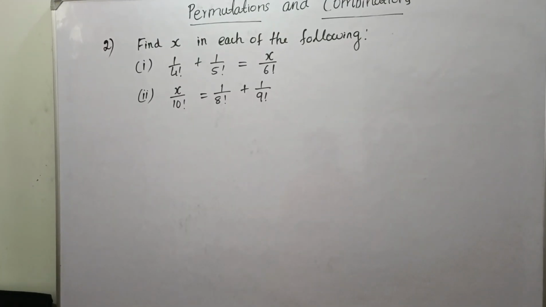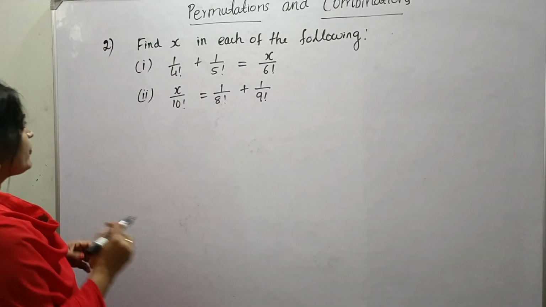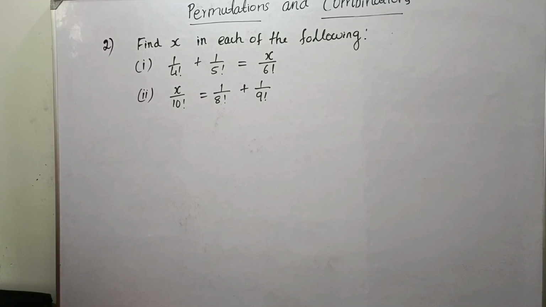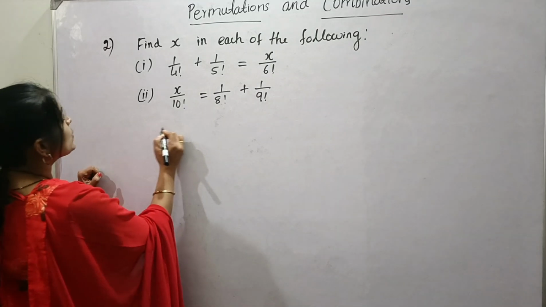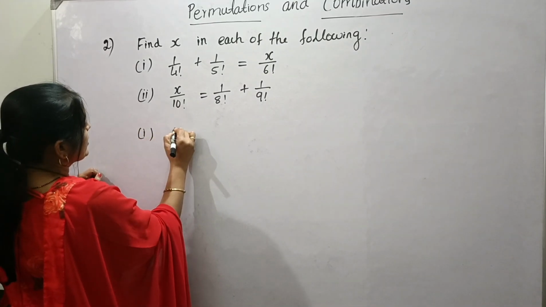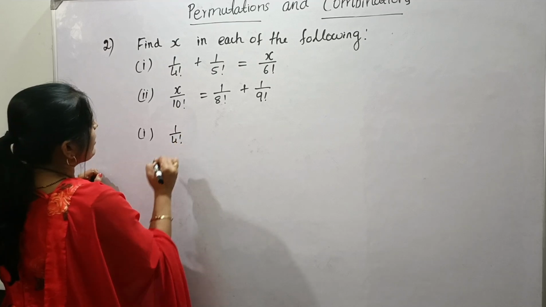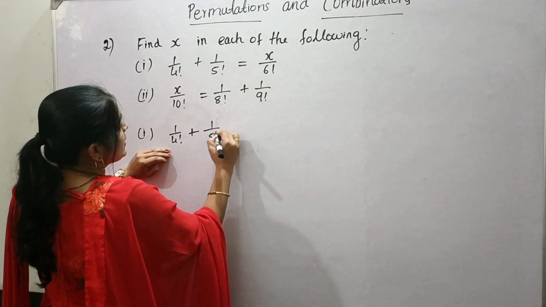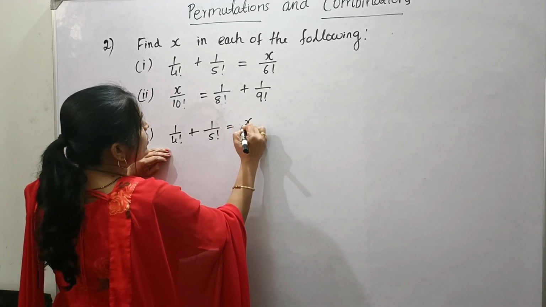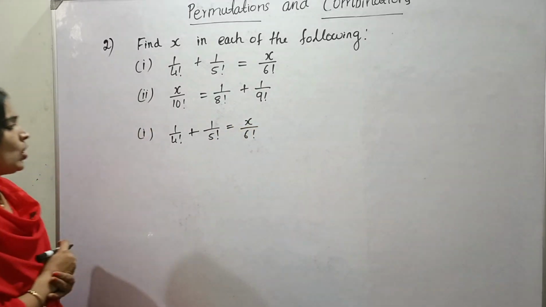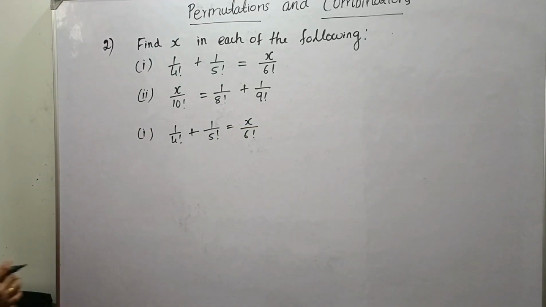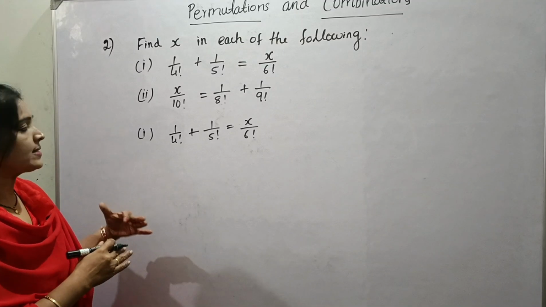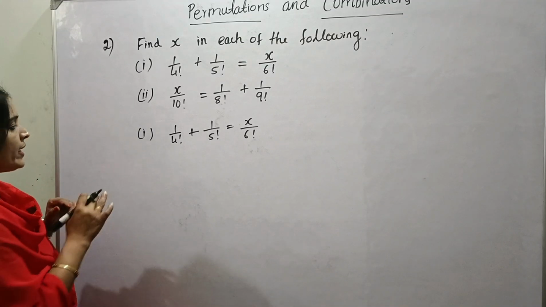Next question. Find x in each of the following. First one, 1 by 4 factorial plus 1 by 5 factorial is equal to x by 6 factorial. From this we have to find the value of x. First of all let us consider LHS and find the LCM of LHS.